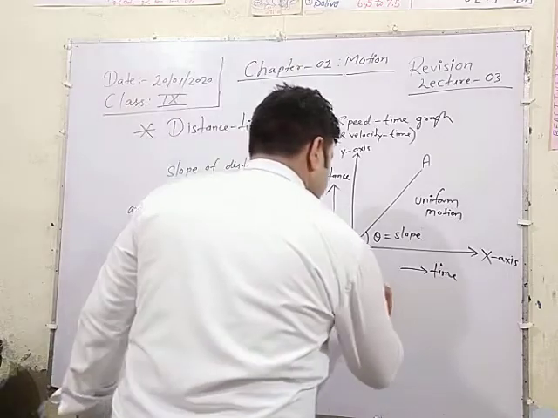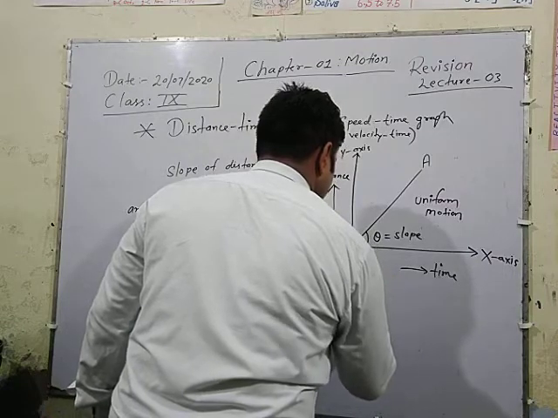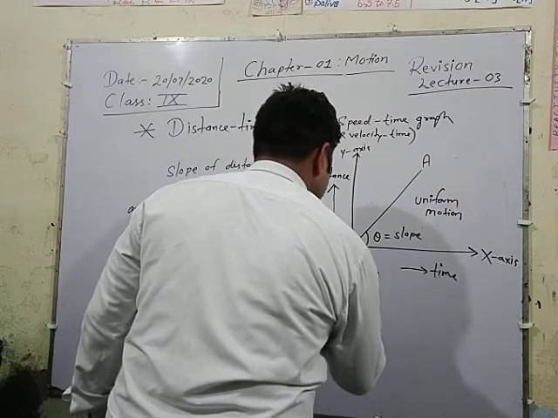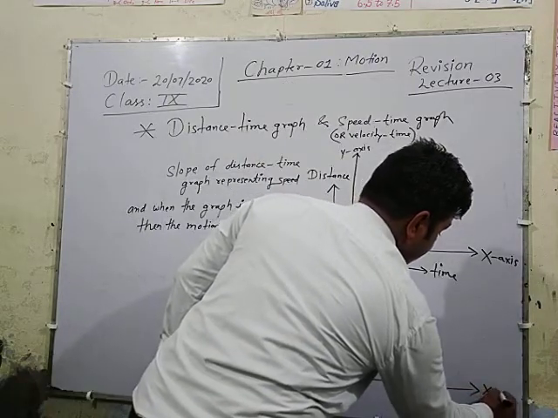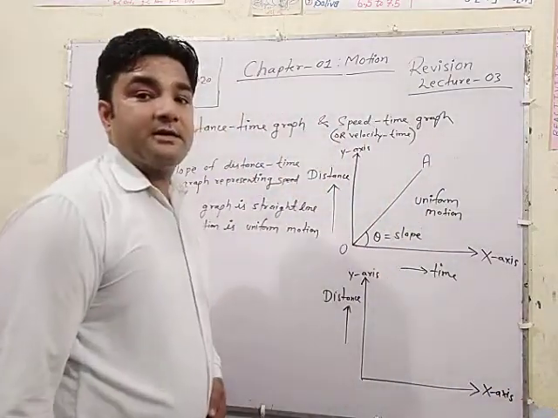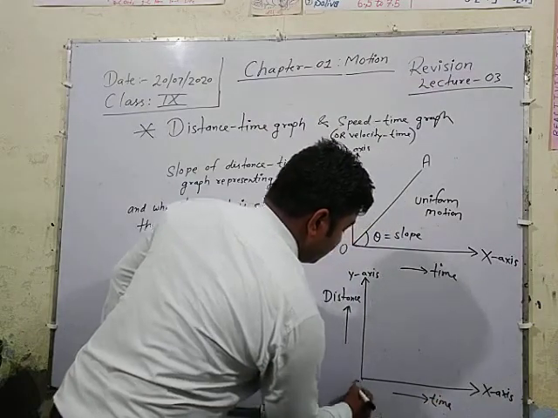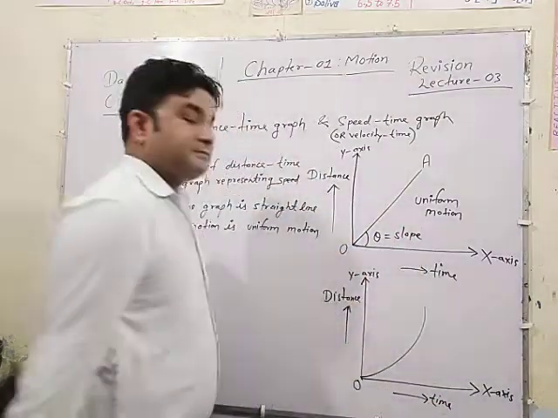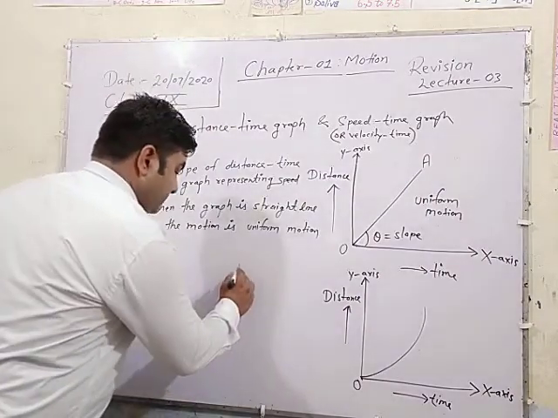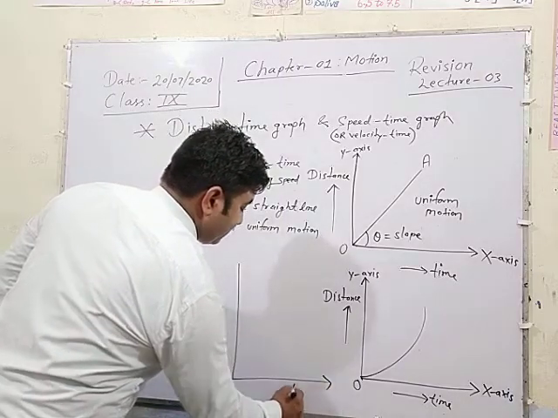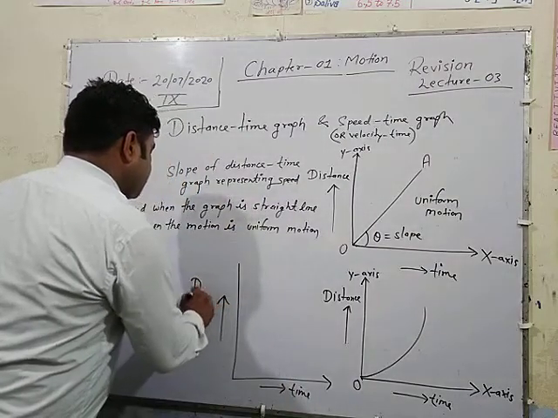Just see, this is the y-axis, and here distance, and here the x-axis, that is time. Origin. If the graph is in this way, or another graph, here the time axis and here the distance axis.